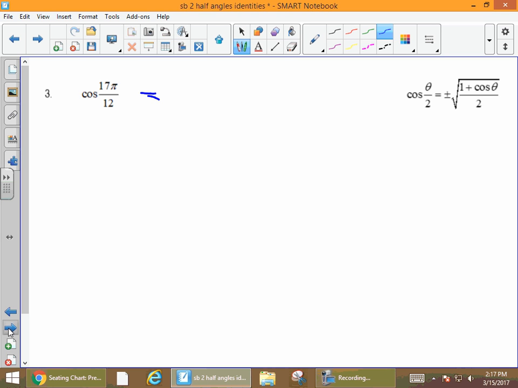So we can multiply it by 2. So we have cosine. We multiply 17 by 2, it becomes 34 pi over 12 divided by 2. Does 34 pi over 12 simplify to something?